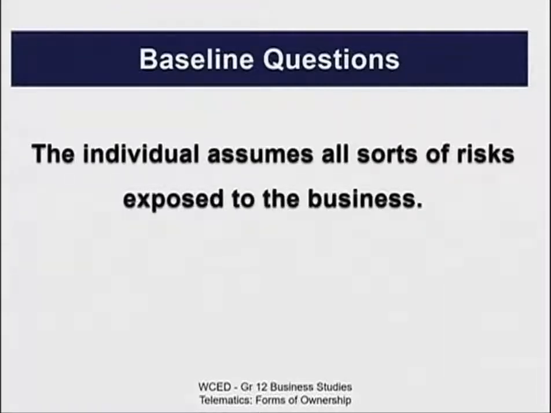I wonder, Faranaaz, if any of those learners can tell us which form of ownership is described when we talk about the individual assuming all sorts of risks. We're getting answers. We got 3. One is saying sole trader.